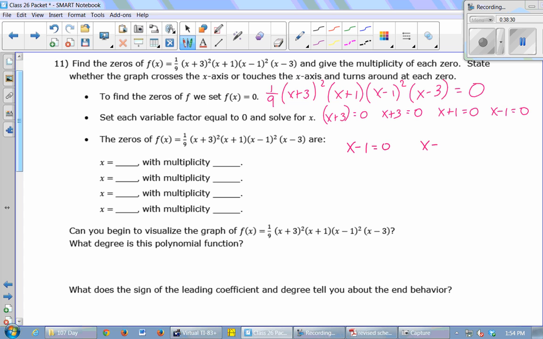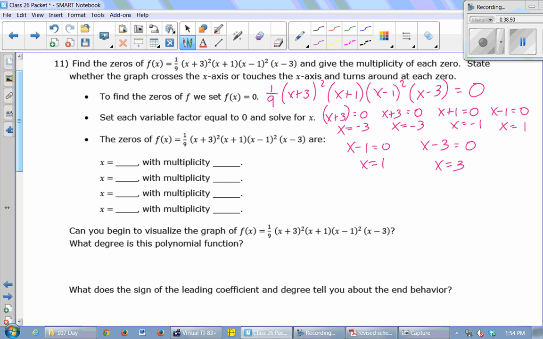And x minus 3 equals 0. So I took each factor, set it equal to 0, solved them, and I get x equals -3, x equals -3, x equals -1, x equals 1, x equals 1, and x equals 3.